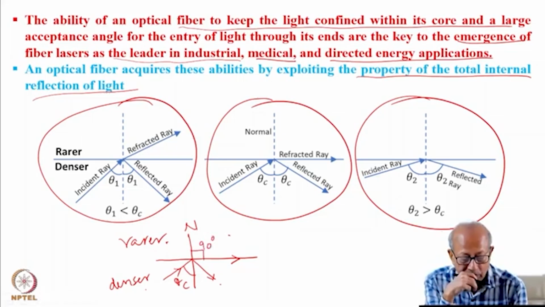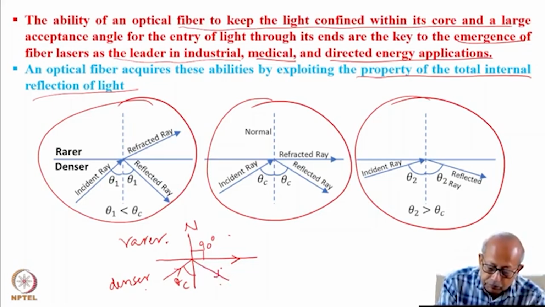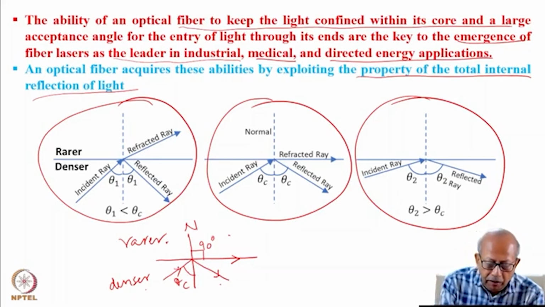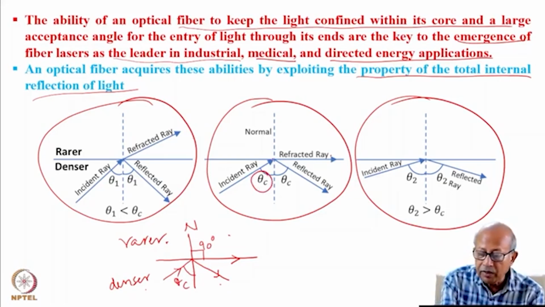So what happens then? This angle is called the critical angle, at which the refracted ray grazes the interface.